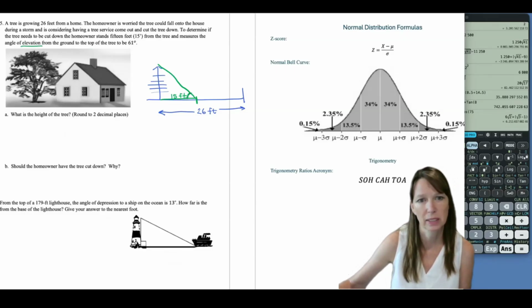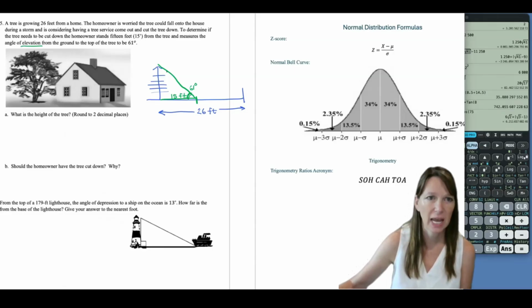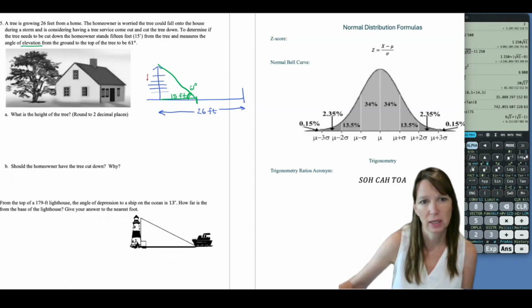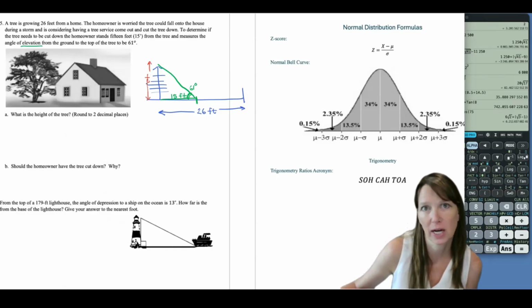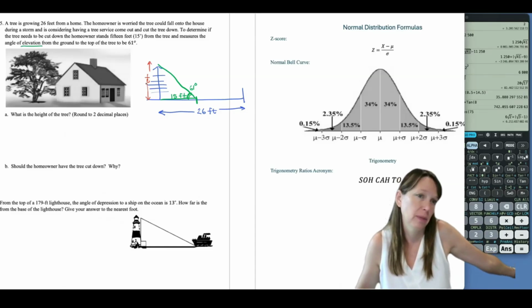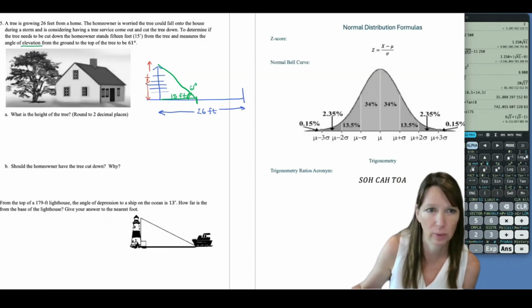So that means that inside right angle is going to be 61 degrees. And what are we trying to find? Well, in this case, we're trying to find the height of the tree. I'm just going to call it T. So I'm trying to find the height of the tree because we want to know if it falls, is it going to hit my house that's 26 feet away?